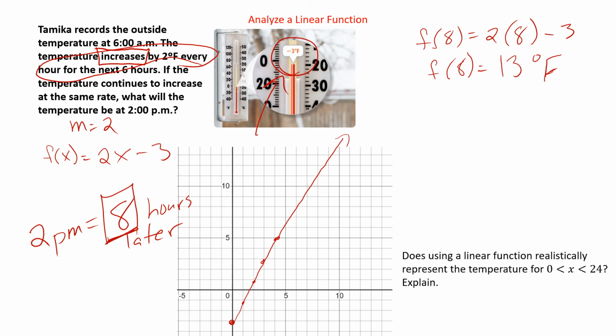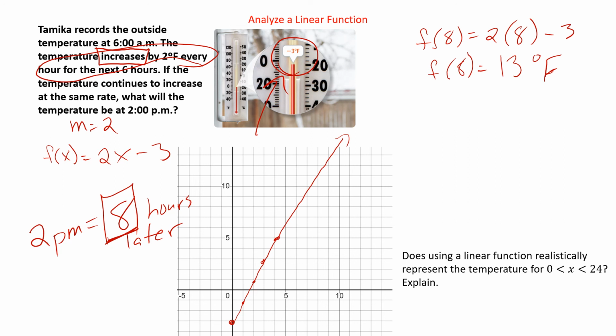It might work for this short period of time in the day, but when the sun goes down, like at 10, 11, 12 at night, the temperature's probably going to fall again. So when you have an equation, especially if it's describing a real system, you want to always think, does this make sense to keep going?